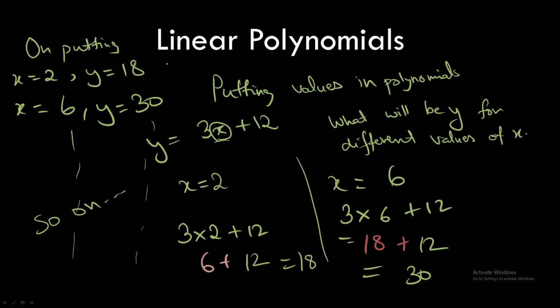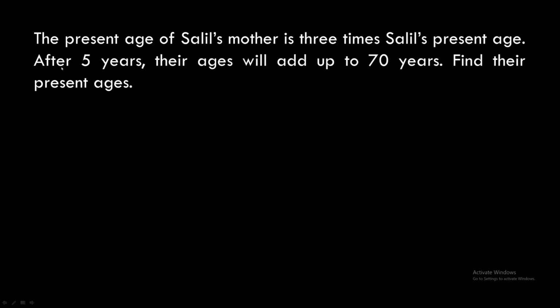So we have just discussed linear polynomials and putting values, and one real life example of linear equations. Now moving on, we have a question. This is from exercise 2.2.